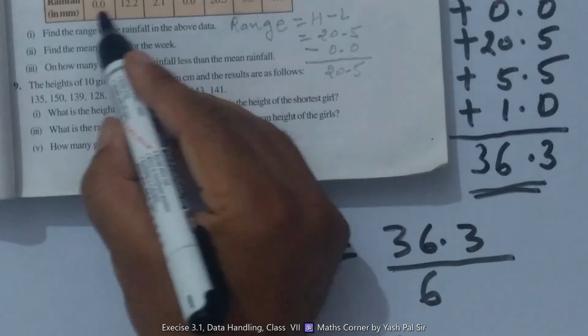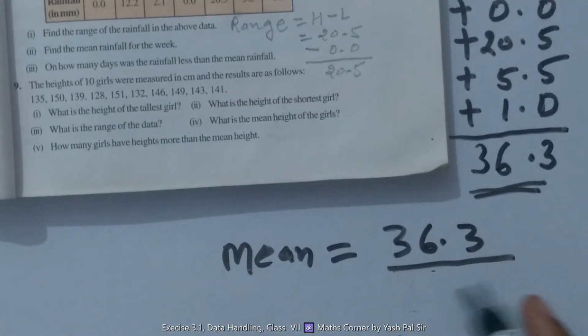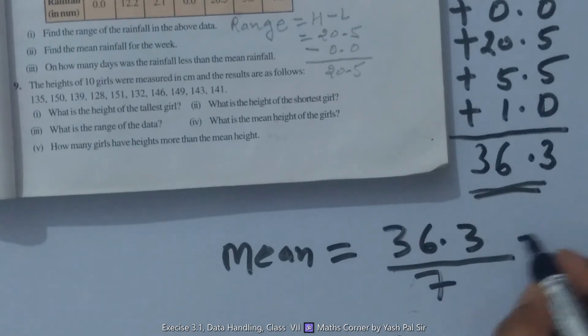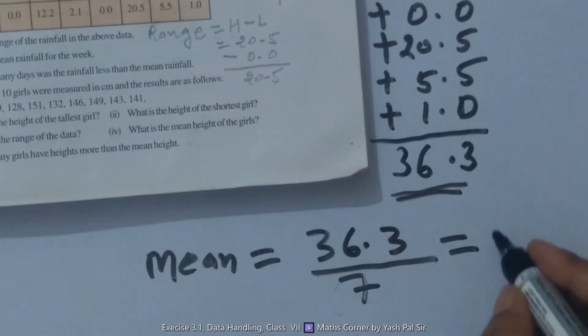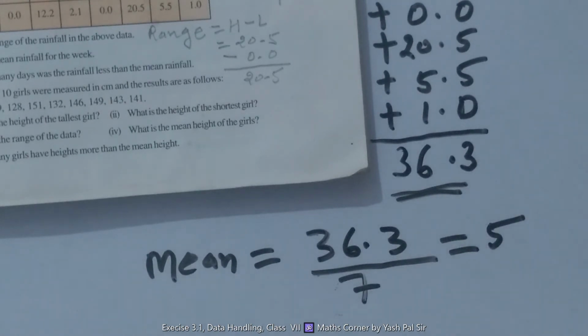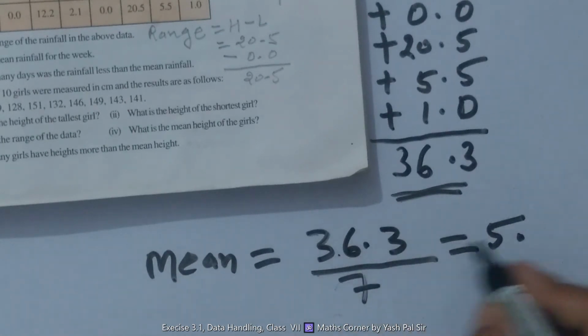How many are they? 1, 2, 3, 4, 5, 6, 7. We have to divide by 7. So what is the answer now? 7 5s are 35. Decimal, 7 1s are 7. 5.1 mm. This is the mean.